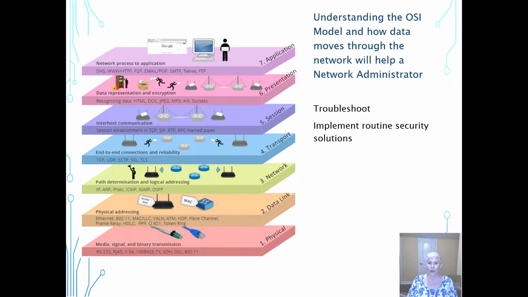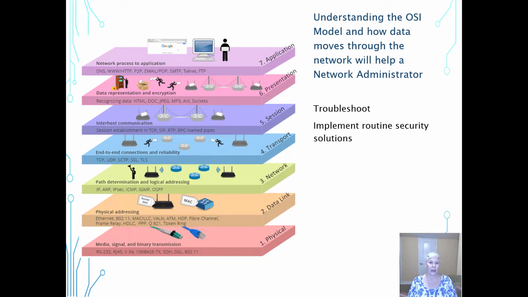It is very helpful when you're implementing any type of routine security. For example, the data link layer, which is layer 2. This is where switches function. Well, there are particular types of vulnerabilities that can happen at layer 2.